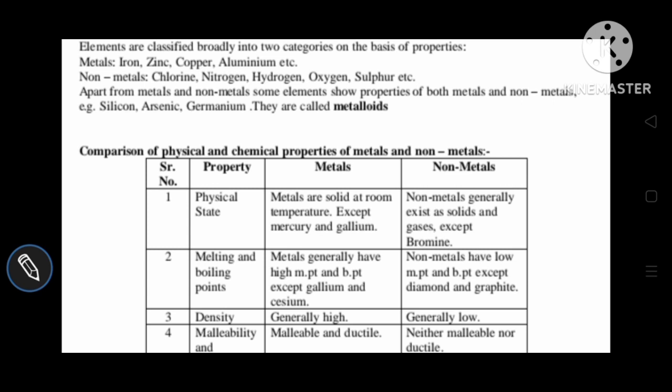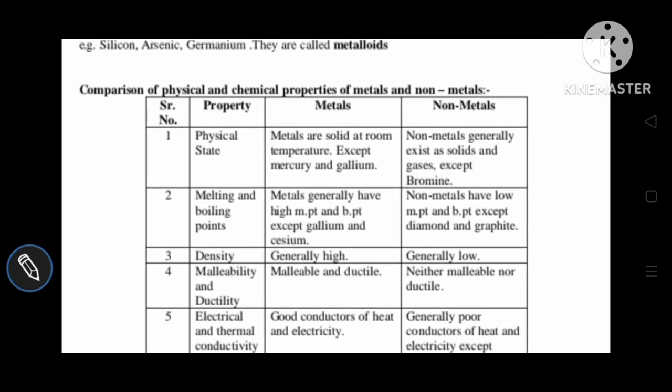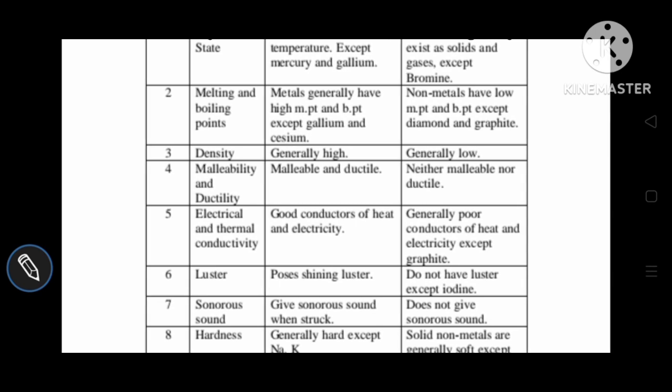The first physical property: metals are always solid at room temperature except mercury and gallium. These will be liquid at room temperature. Non-metals generally exist as solids and gases except bromine. Second point is melting point and boiling point.